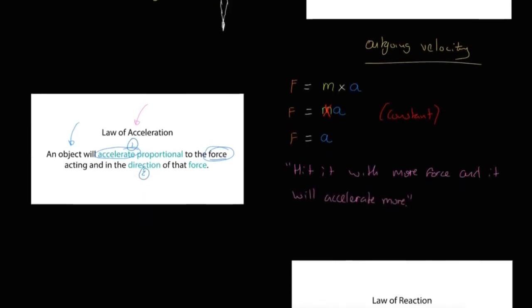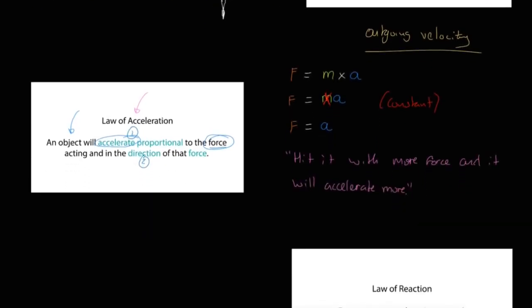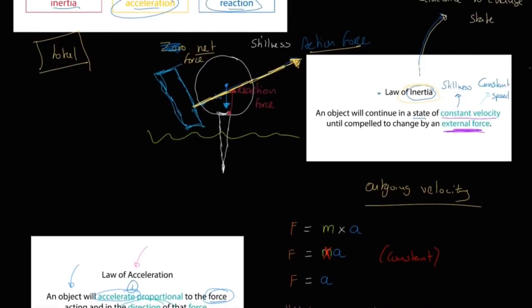Now, the second part of Newton's second law says that the acceleration happens in the direction of that force. So again, if we think about this example here, in which direction is this ball going to accelerate? What does your intuition tell you once we've got our action force here? In which direction is that ball going to accelerate?